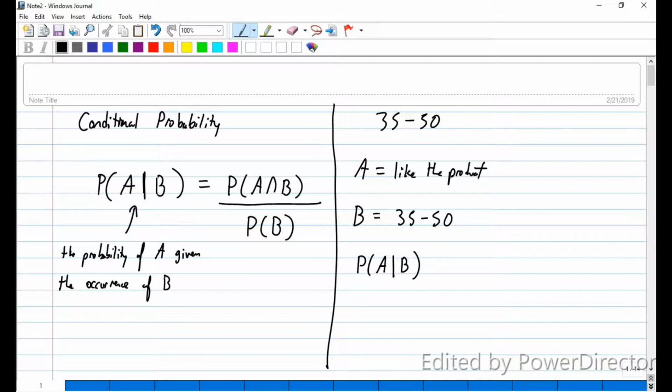All right, so what is the probability that we're given 35 to 50 and the probability that that person would like the product? So the part over total, how many like?